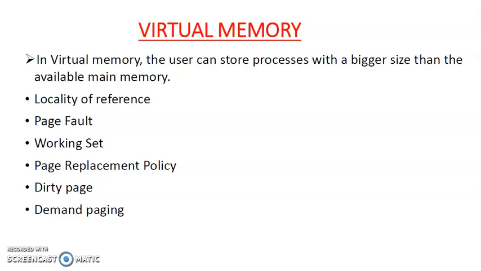In virtual memory, the user can store processes with a bigger size than the available main memory. Virtual memory consists of concepts like locality of reference, page fault, working set, page replacement policy, dirty page, and demand paging. Now see one by one.